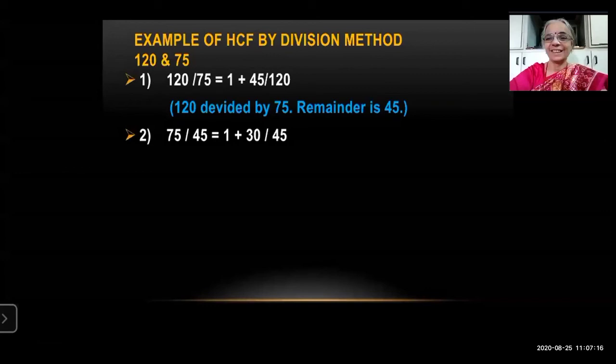45 twos are 90. So we will take 45 ones are 45. And we subtract 45 from 75. We get 30. What does it mean?